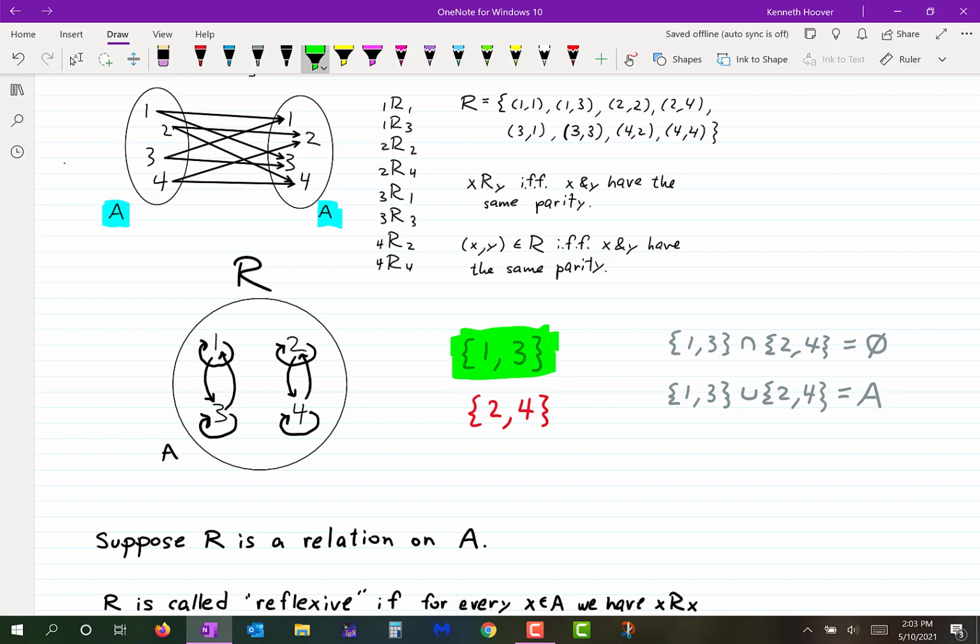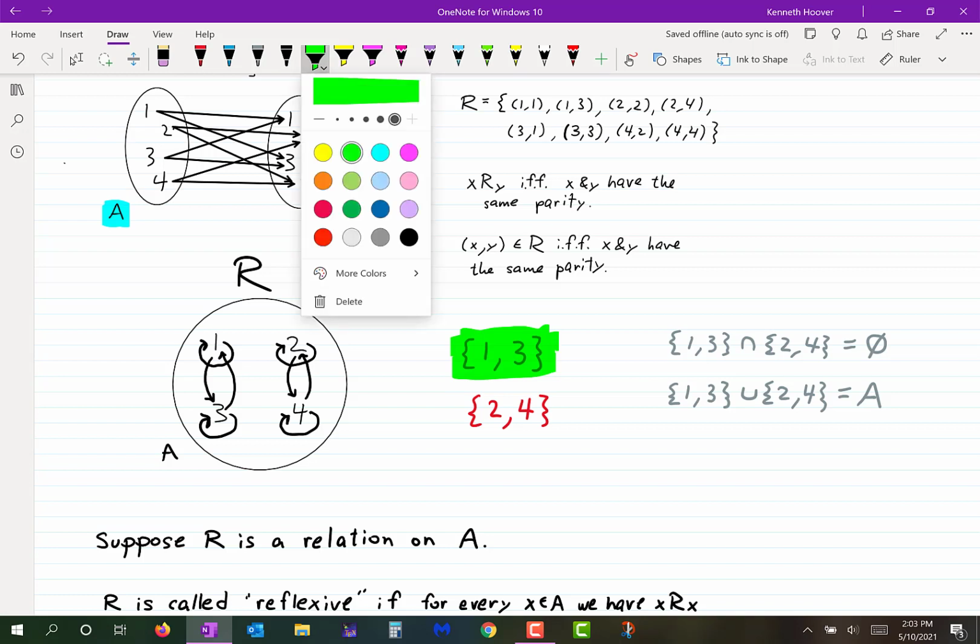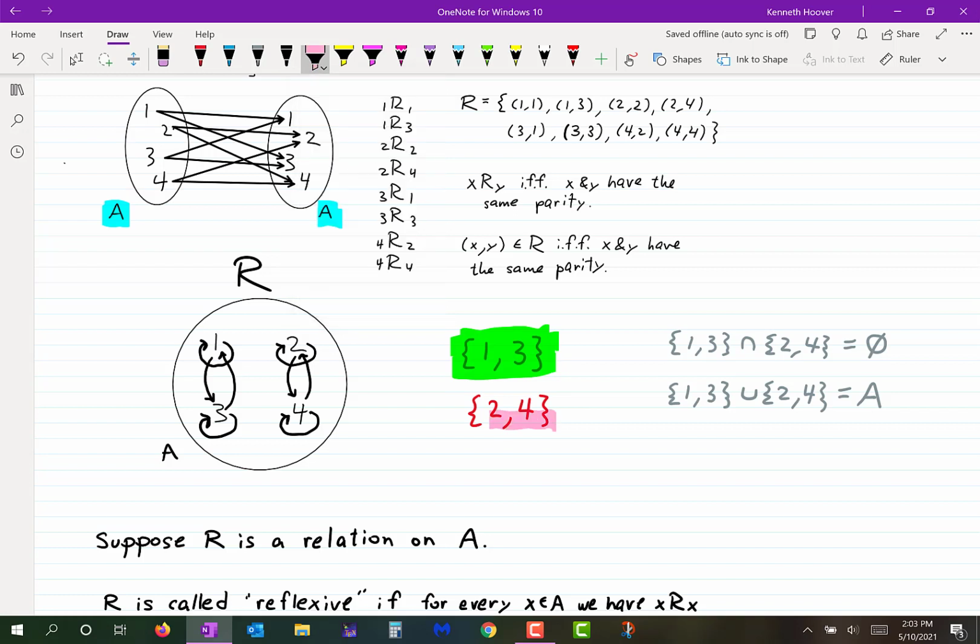You would say that is the equivalence class of 1, or you could call it the equivalence class of 3. The equivalence class of 1 and the equivalence class of 3 are the same equivalence class. They are the set consisting of 1 and 3. The other one, you could say that's the equivalence class of 2, or it's the equivalence class of 4.